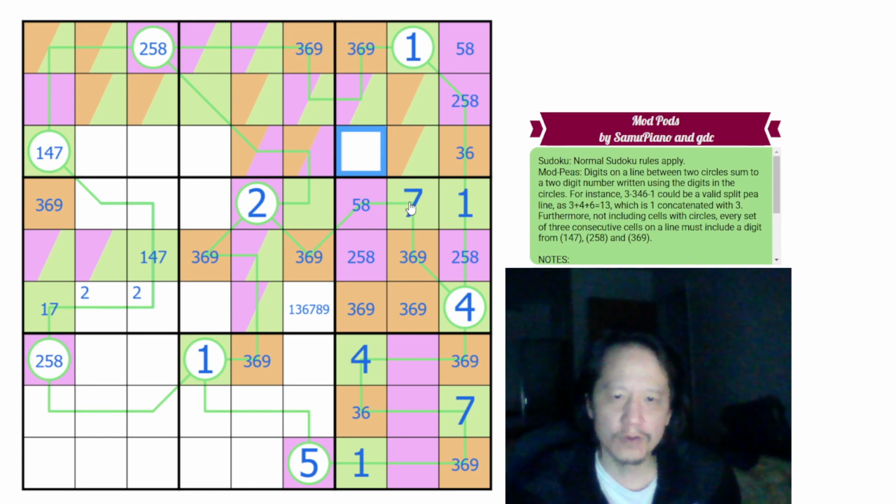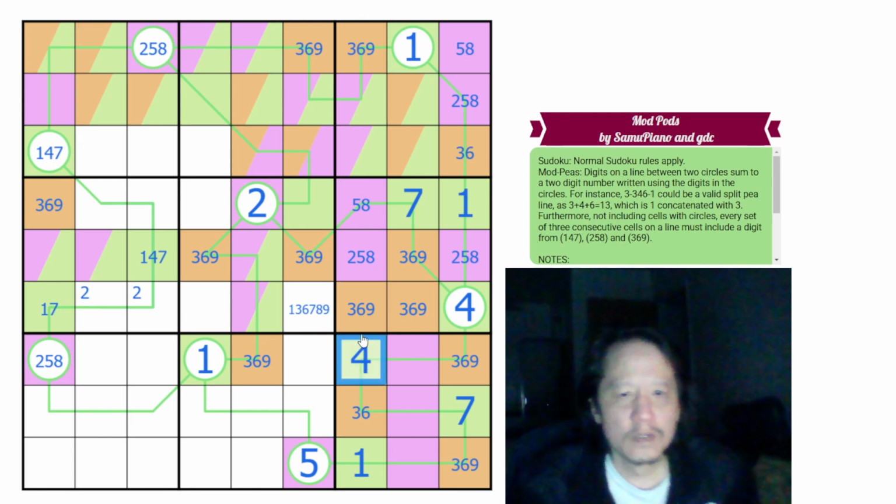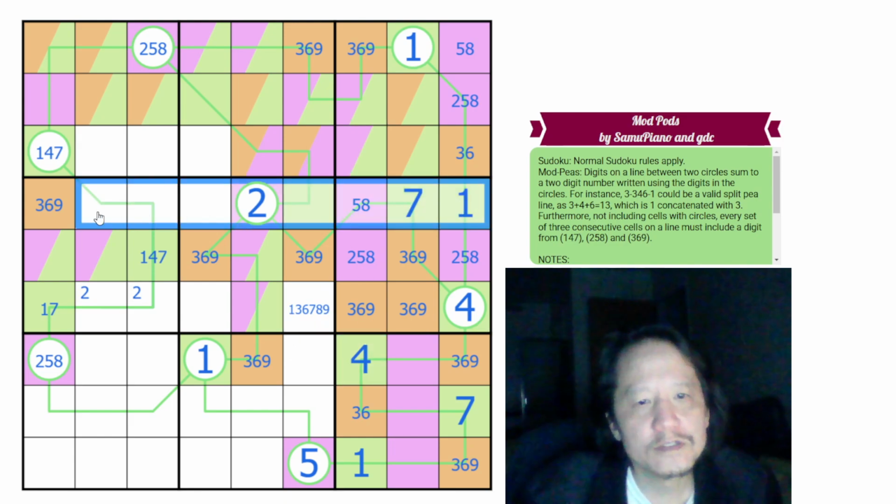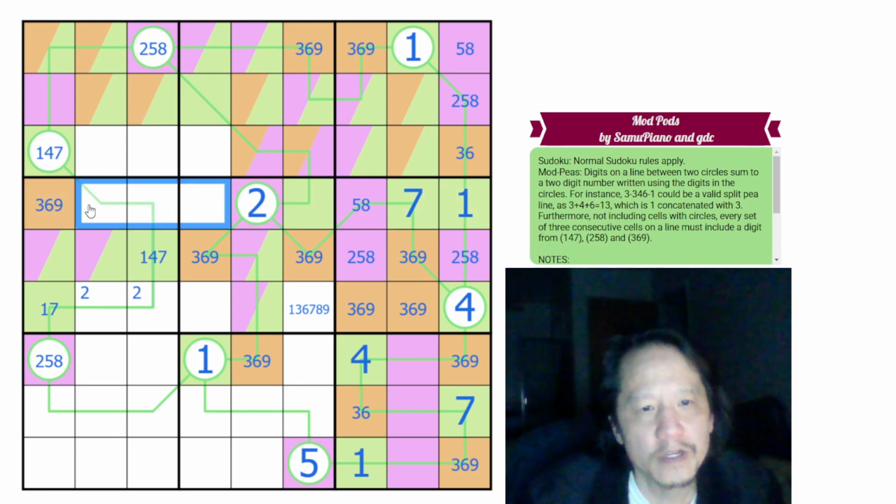This cannot be orange. So this is green or pink. Okay, we have 3 greens in row 4. So the rest of the row cannot be green.